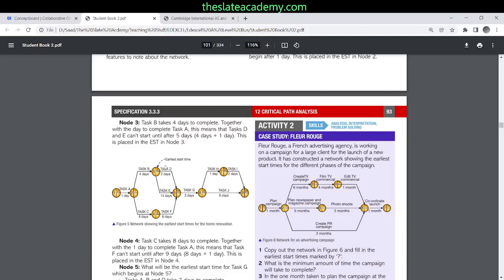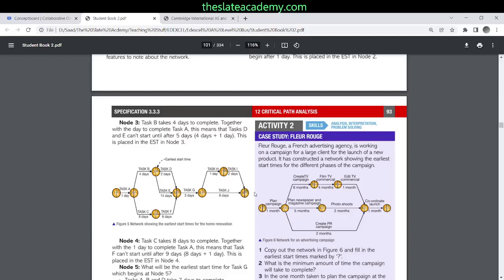Since it's dependent on all three of them, until all three of them get completed, this task can't be started. The earliest time I can start is the maximum time of the activities in the previous tasks, and that's why I take the maximum for earliest start time. So this way, moving forward, I write all the earliest start times.